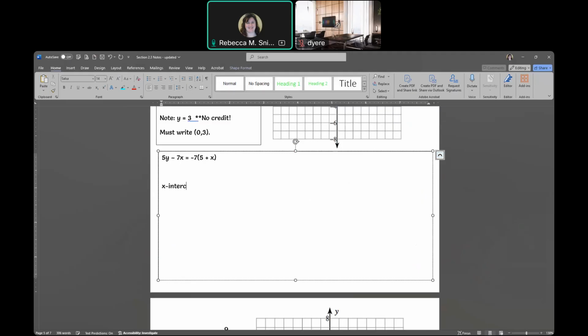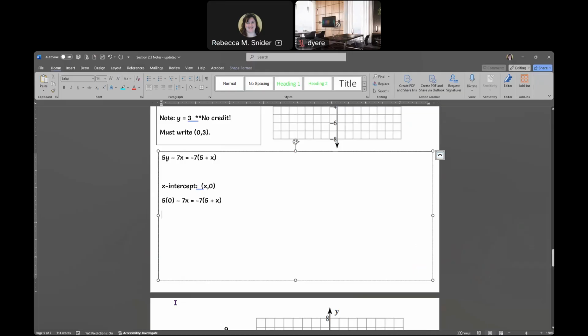my x-intercept. Again, doing that means I'm going to have x comma 0 as my form. So I'm going to input a 0 for my y, and I'm going to solve for x. So this becomes 5 times 0 minus 7x is equal to negative 7 times the quantity 5 plus x.